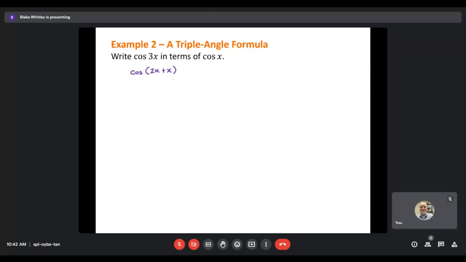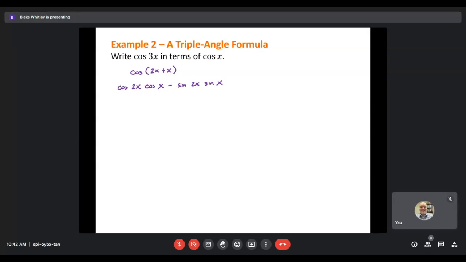So I'm going to start by rewriting this with my addition formula back in section 7.2. So this is going to give us cosine 2x times cosine of x minus sine of 2x times the sine of x. Now from here, I'm going to start using those double angle formulas to try to get this down in terms of just a cosine of x.